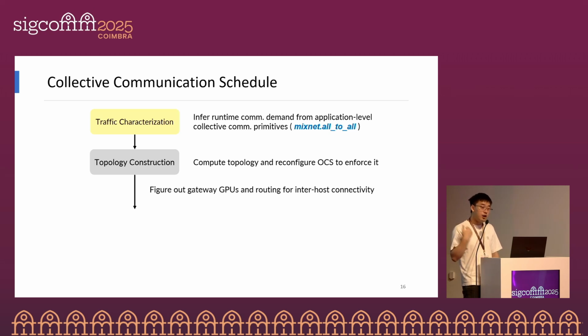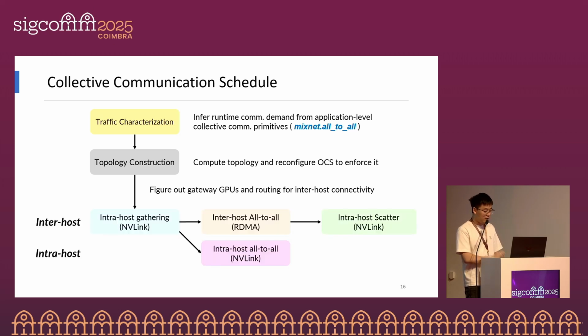After that, we need to figure out the routing policy of the directly connected topologies. So we need to figure out what is the gateway for each server to communicate with each other. Then with this information, we can perform three stages of the collective communication in all-to-all. Inside each machine, we first gather the outbound data to each GPU's gateway. Then we leverage RDMA for the inter-host all-to-all and leverage NVSwitch NVLink for the intra-host all-to-all.